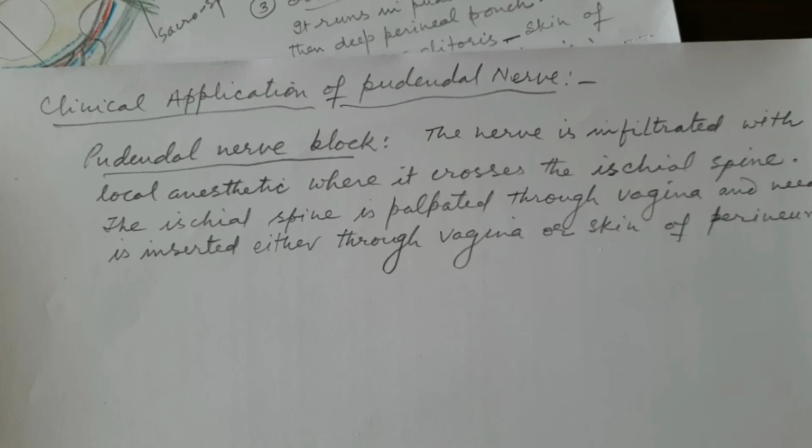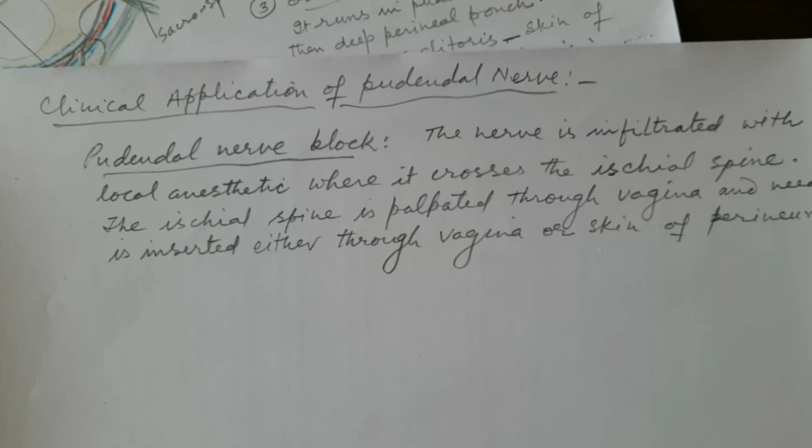Say for example in piles, or fistula, or an abscess around the anal canal. A small abscess can be drained. So this nerve has to be anesthetized. Which nerve? The pudendal nerve. And this anesthesia is called pudendal nerve block.